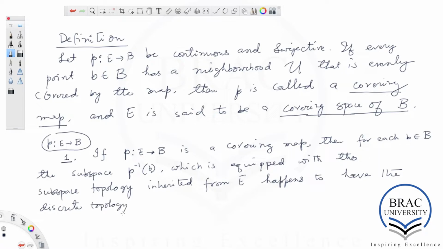It means that the subspace topology on P inverse b coincides with the discrete topology on it. Okay, so let us see how it happens.